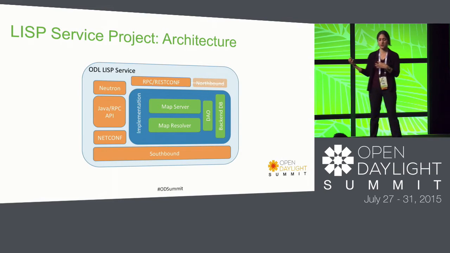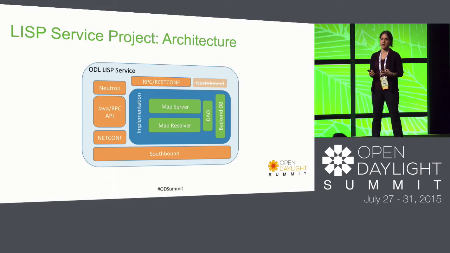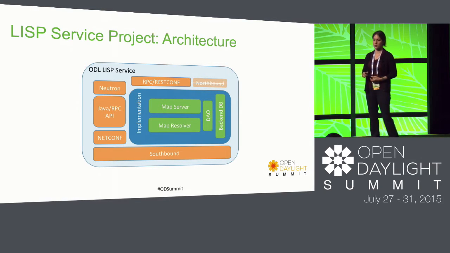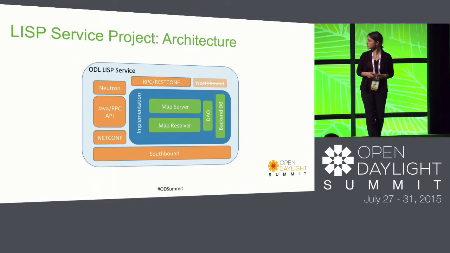What we want to put into the Lisp service from that event is the mapping of the virtual machine IP address to the physical host or to the host switch that the VM is located on. And that's the kind of information that we get from Neutron.